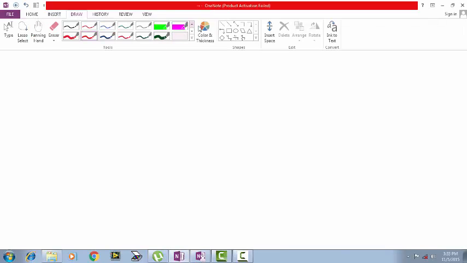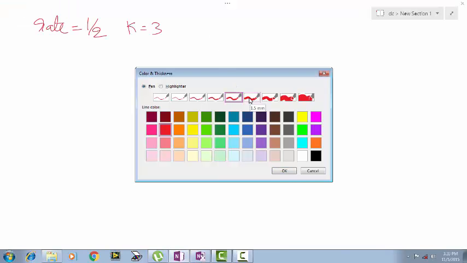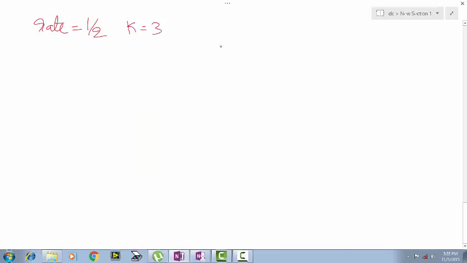So for the given convolutional encoder, rate is 1/2 and capital K is equal to 3. The two generator sequences: G of 1 is equal to G naught of 1, G1 of 1 and G2 of 1.